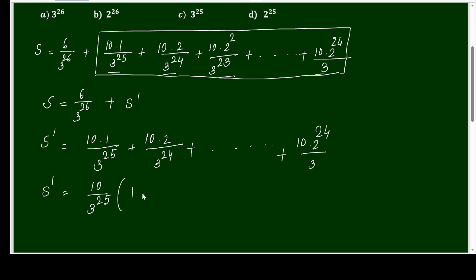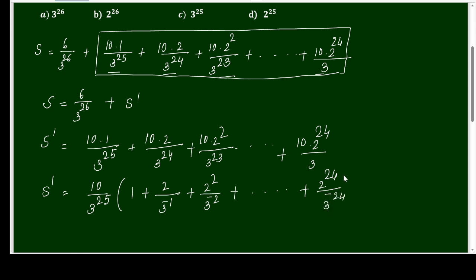What will be left is 1, and for the second term it will be 2 over 3 to the power negative 1. Then for the third term it will be 10 into 2 square over 3 to the power 23, so it will be 3 to the power negative 2, and so on, and the last will be 2 to the power 24 by 3 raised to the power negative 24.